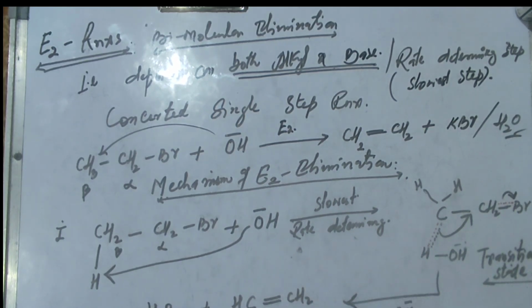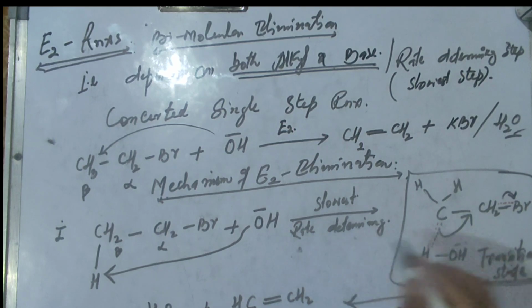So we will get alkenes. But this is a concerted single-step reaction. There is no intermediate between the reactants and products. This is actually a transition state between the reactants and products. So the product is an alkene.